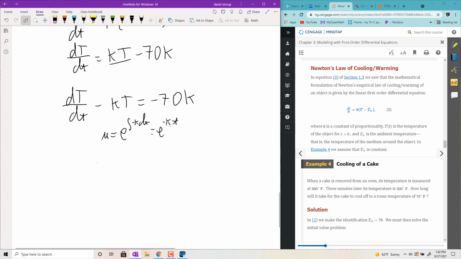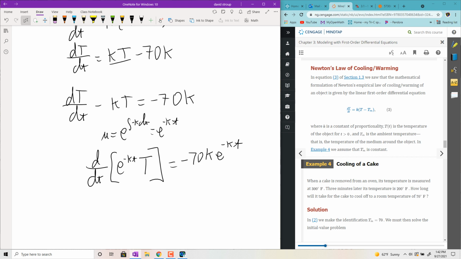Multiply through, collapse the left-hand side, and get the derivative with respect to t of e to the negative kt times T. On the other side, you have negative 70k e to the negative kt. And then we can integrate both sides. Over here, the integral and the derivative cancel.